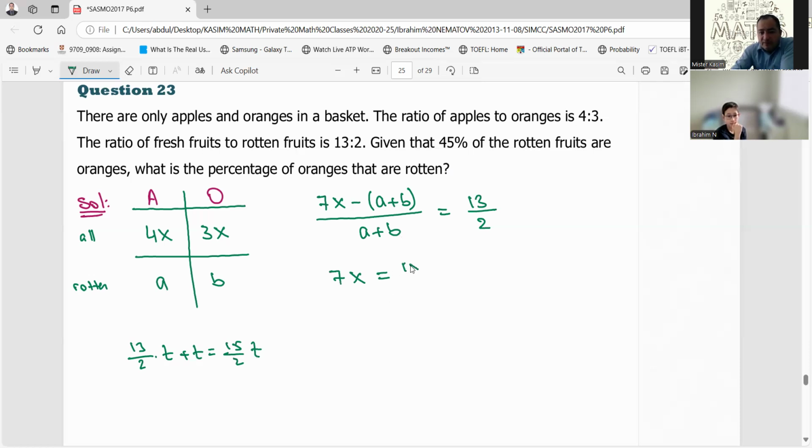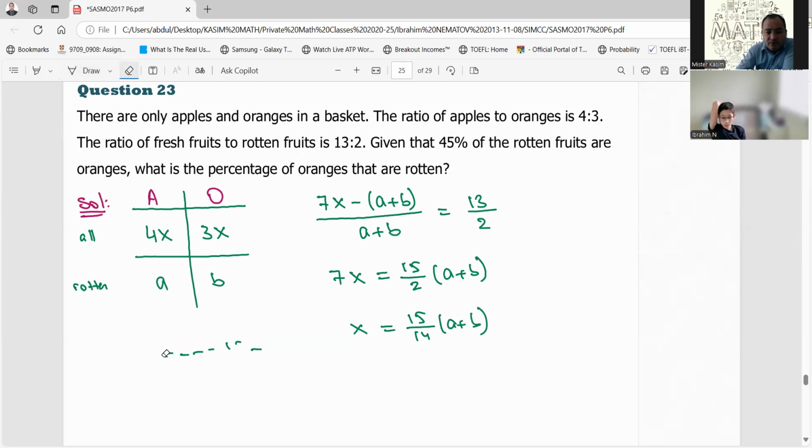So I have 15 over 2 times a plus b, or x is equal to 15 over 14 times a plus b. This is the relationship between x and a plus b. That's the second step.